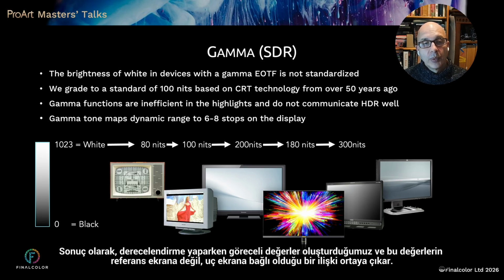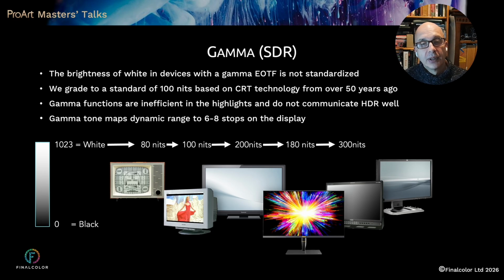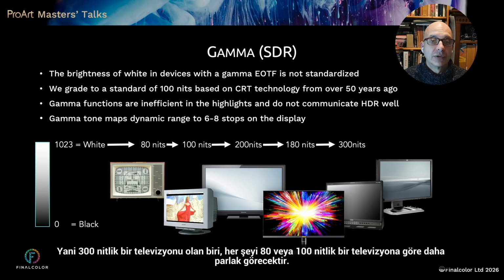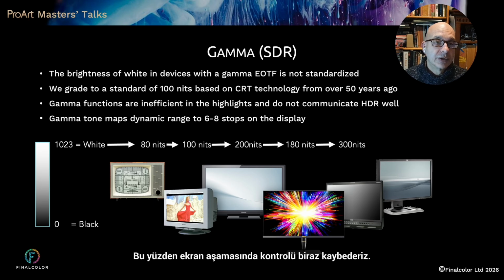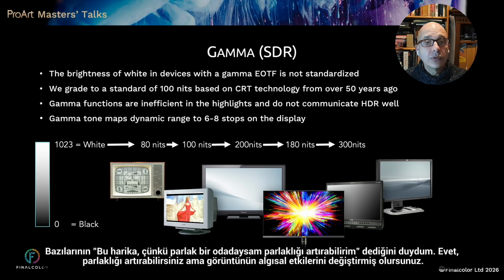And so what we have is this relationship where when we grade it, we're creating relative values, and those relative values depend on the end display, not on the reference display. So somebody might have a television at 300 nits and they're going to see everything brighter than on a television that's maybe 80 or 100 nits. So we lose control a little bit at the display stage.